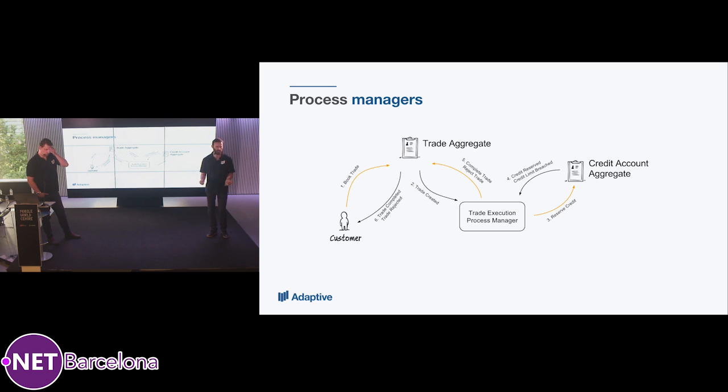We have one called trade execution, and we've configured it to be interested in trade created, credit reserved, and credit limit breached events. EventStore knows what events it's dispatched, so it will internally keep a checkpoint of what events it's successfully dispatched, and our process manager will acknowledge that it has received and processed those events.